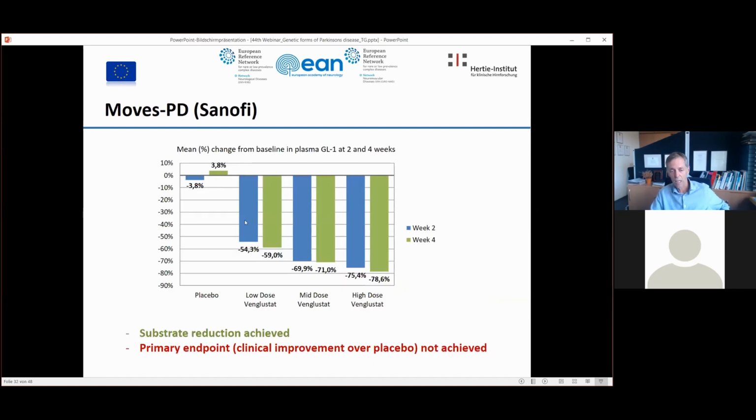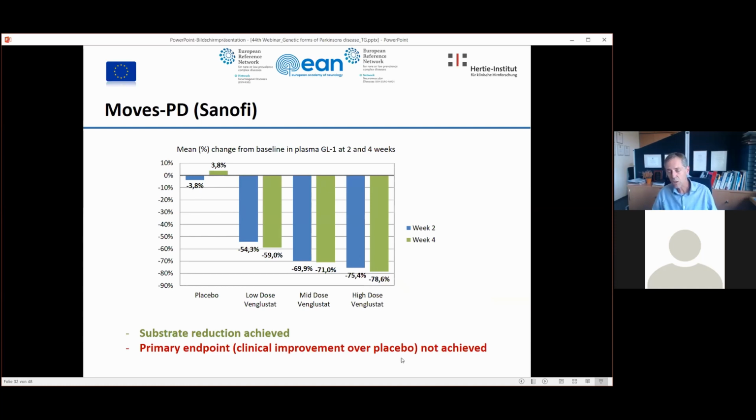It was effective in reducing the substrate of the glucocerebrosidase, but in this trial that was done by Sanofi, it failed to reach the primary endpoint, namely to clinically improve over placebo the clinical condition of the patients.